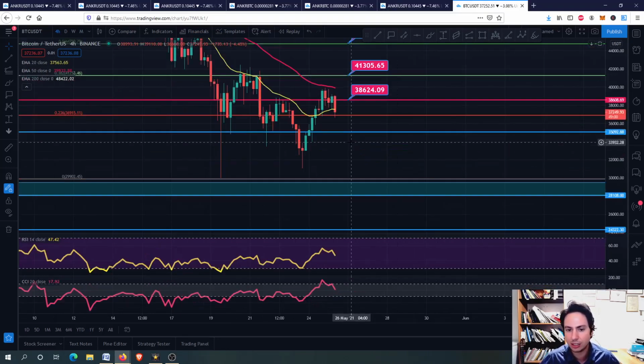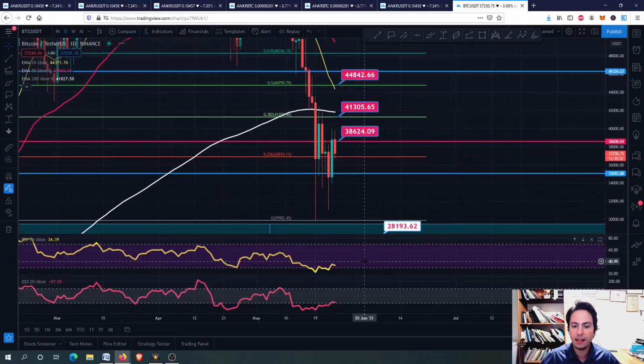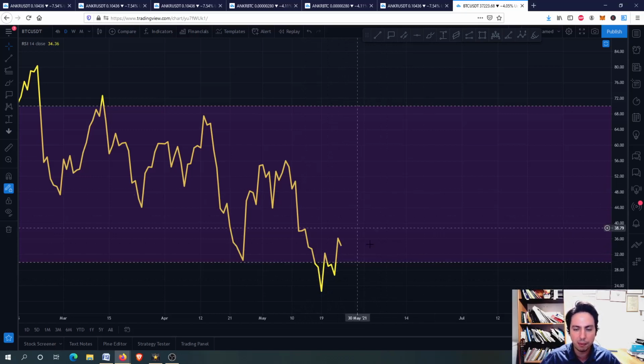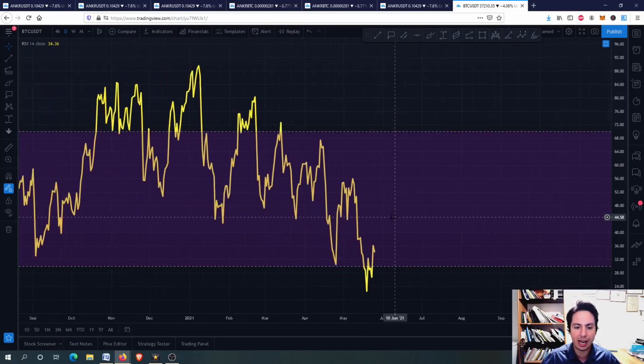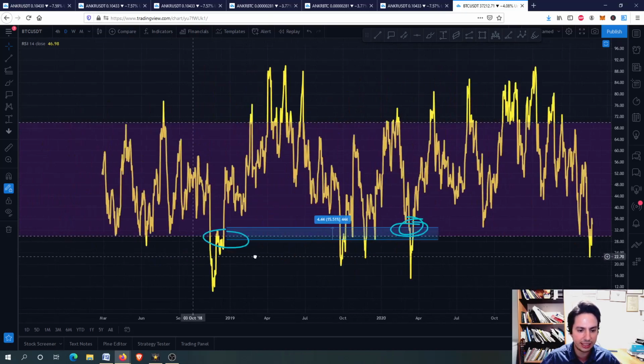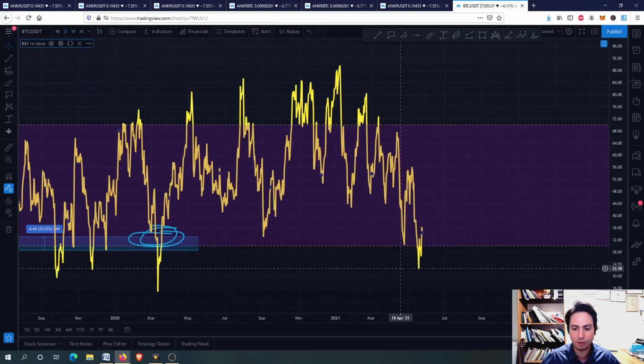If Bitcoin has the swing we are about to have, because on the daily frame, guys, I always tell you that when we go beyond the 30, the 30 relative strength index, the number here, when we are below this purple area, we are going upwards, and in the history we are always seeing that, in the RSI graph for Bitcoin.